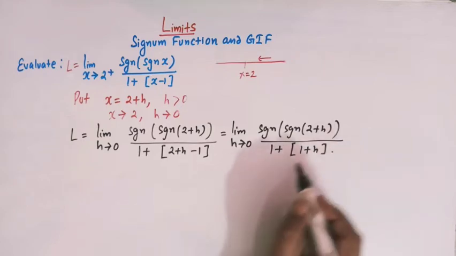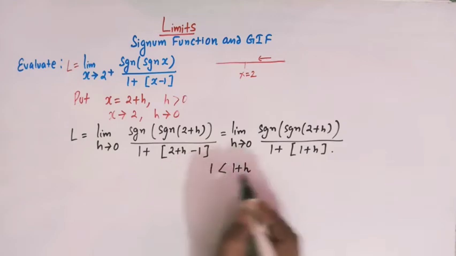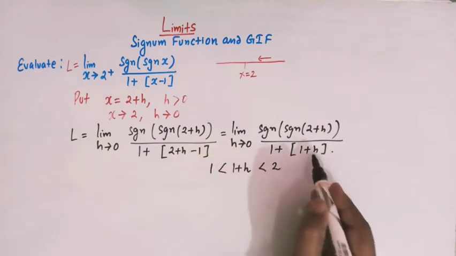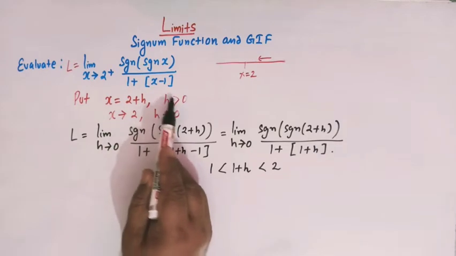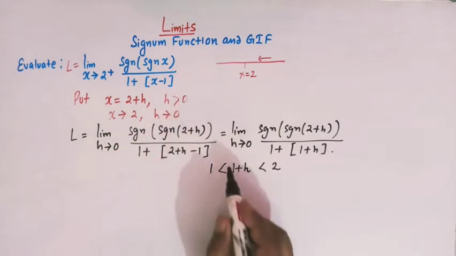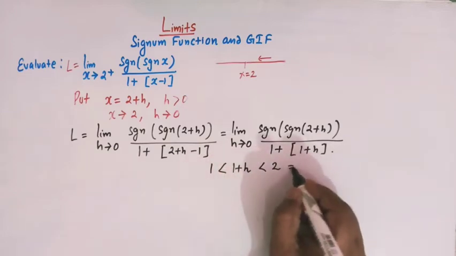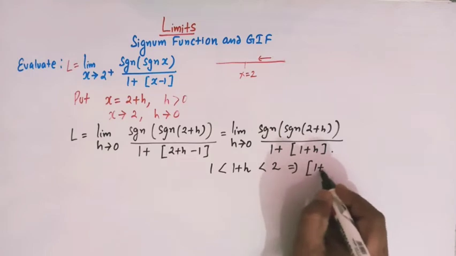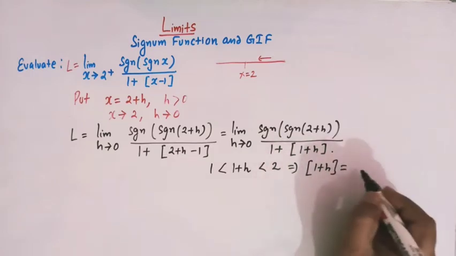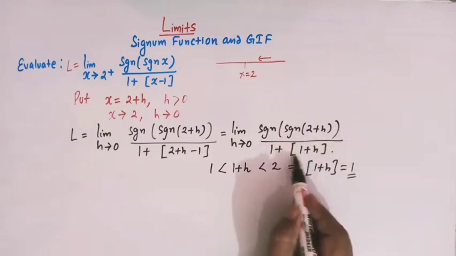Now see, 1 plus h is slightly greater than 1 but it is less than 2, because h is a positive quantity, that is h is greater than 0. So by definition of greatest integer function, the value of greatest integer of 1 plus h is equal to 1.